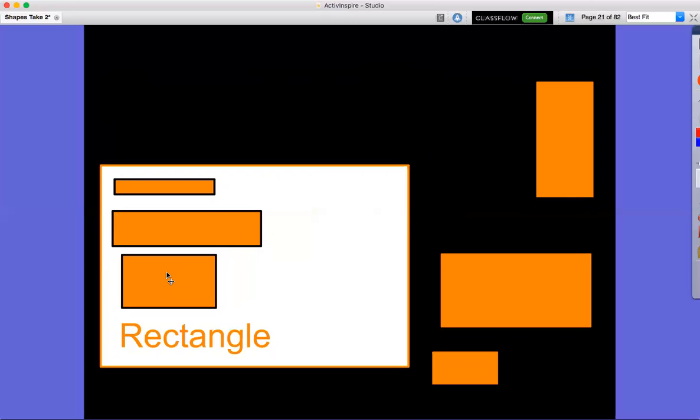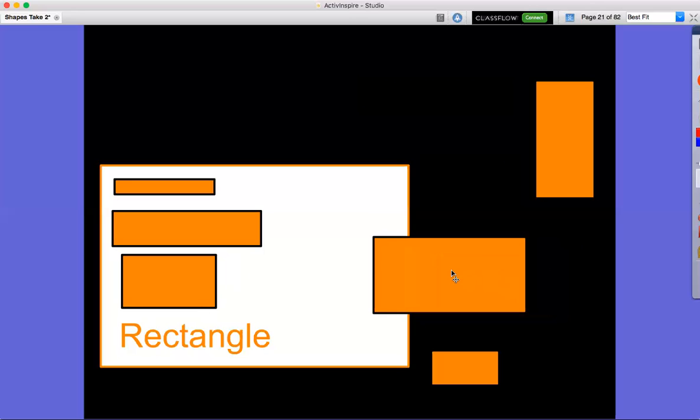Okay, this rectangle is a little wider. It has two long sides that are opposite but running parallel, remember, straight alongside of each other. Two short sides running parallel, straight alongside of each other, and four corners that make right angles.